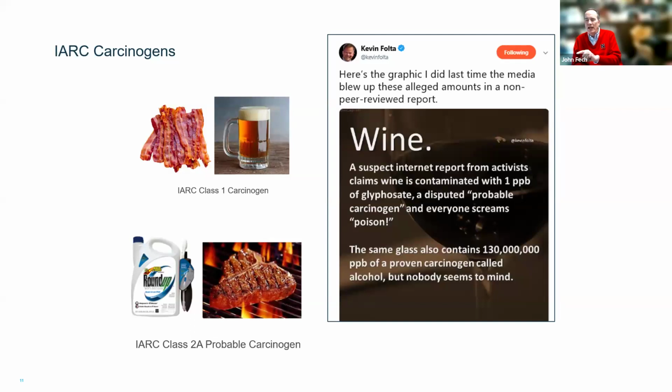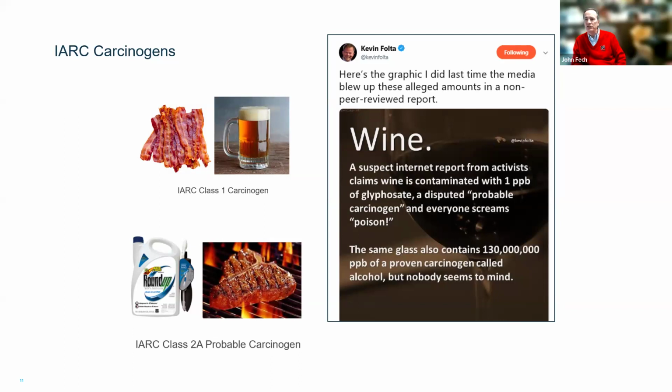On the right here, and I don't do a lot of social media, so I'm not sure if this was an Instagram post or a tweet or Facebook or what this is, but this is interesting. So in terms of wine, you have wine that's produced in the Napa Valley or in Australia or New Zealand.